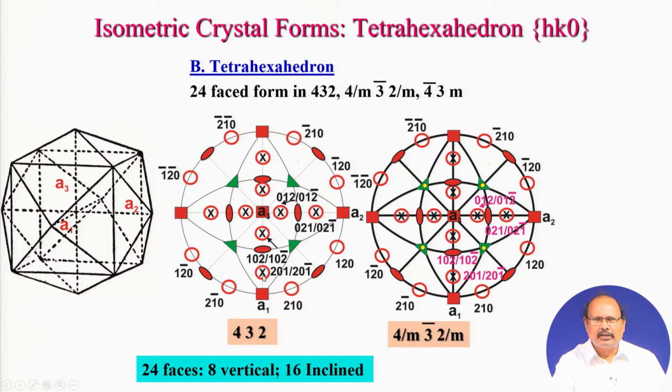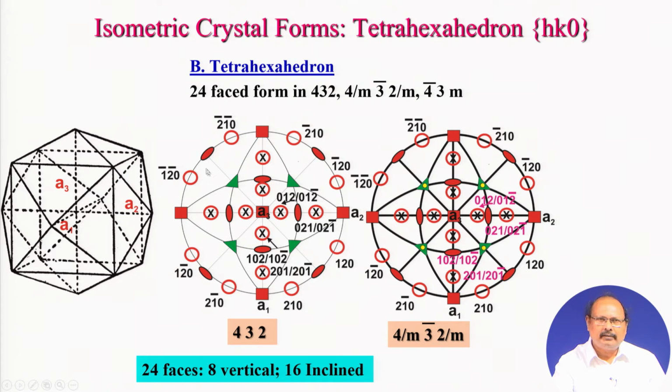So, in a nutshell, the same 12 faces that we generated with 2 3 and 2/m bar 3 will also be present in 4 3 2.